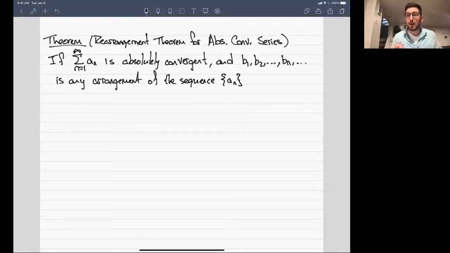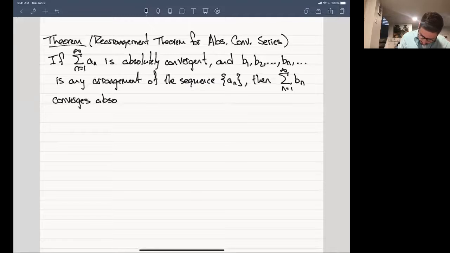For example, if I have A1, A2, A3, A4, that's my usual sequence. I'm summing them up in that order. This is saying that I can switch the orders. Maybe I can start with B1 is A100, and then B2 is A1000. All that matters is that I reordered these things. And this tells me that my sum of Bn's converges absolutely as well, and that it converges to the same thing.